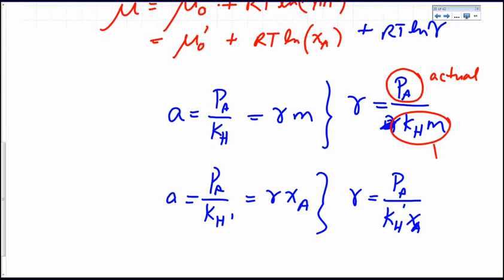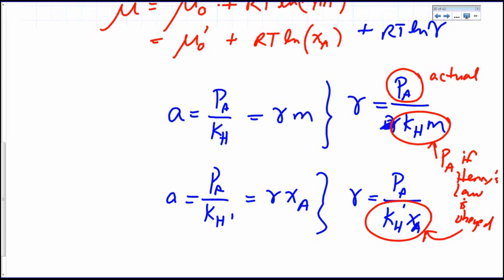This thing right here, K_H times molality, is the P_A if Henry's law is obeyed. Same thing here: K_H prime X_A would be the P_A if Henry's law is obeyed, and this P_A up here in your numerator is your actual partial pressure. So in either case, you get the same gamma.